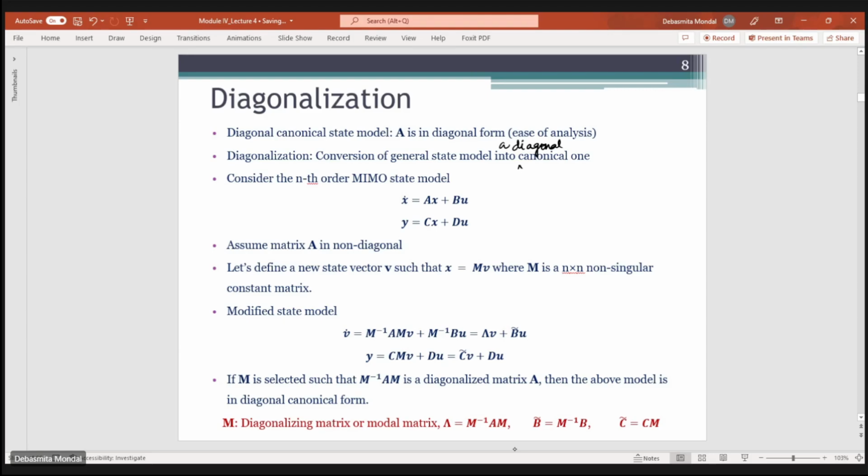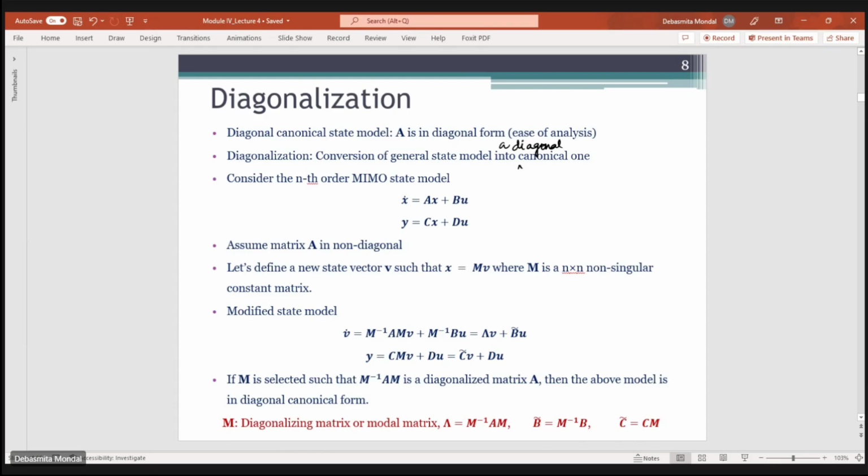Now consider an nth order multiple input multiple output system. The general state equation is given by x dot is equal to Ax plus Bu, y is equal to Cx plus Du. Here we are assuming that the matrix A is a non-diagonal matrix.